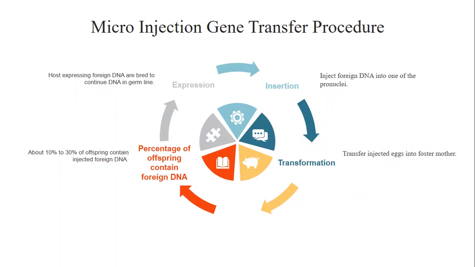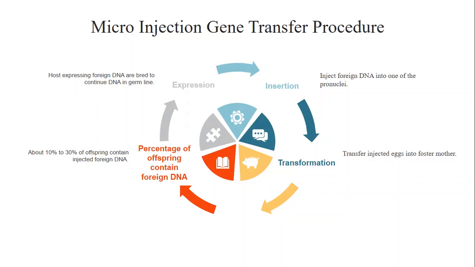And then the second point, transformation. This pipette comes into contact with the membrane of the nucleus and is injected through the membrane of the cell to deliver the contents of the needle into the cytoplasm, and then the empty needle is taken out.